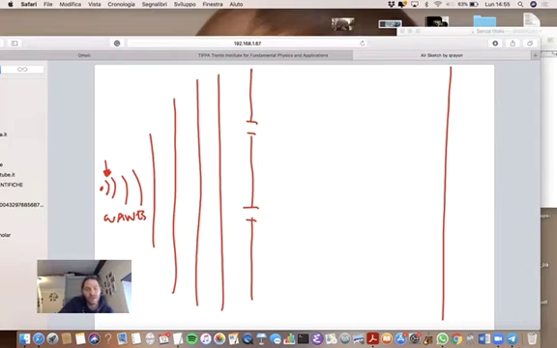And now what do we want to do? We want to measure the altitude of the water here at the screen.